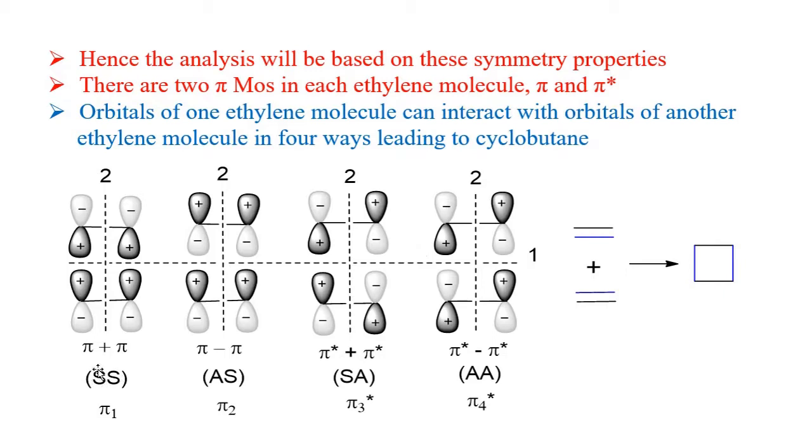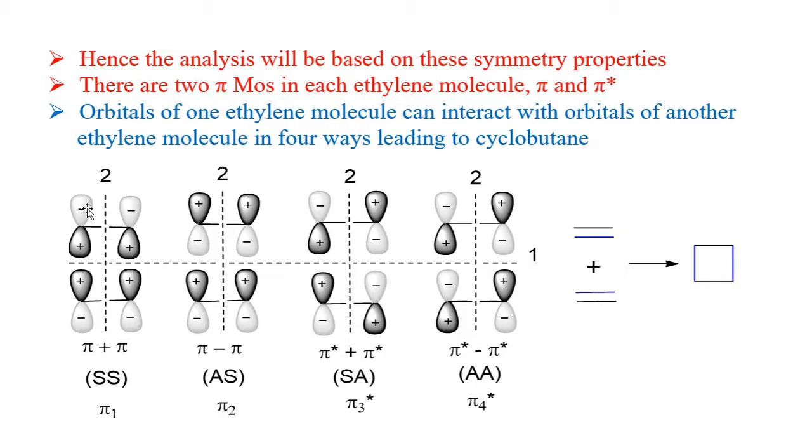The symmetric and anti-symmetric is represented as S and A. Here first we are looking into the symmetry properties with respect to 1, that is the horizontal plane of symmetry, that is marked first in the bracket, and the vertical plane of symmetry is second in the bracket, which is represented either as S or A, S for symmetric and A for antisymmetric.